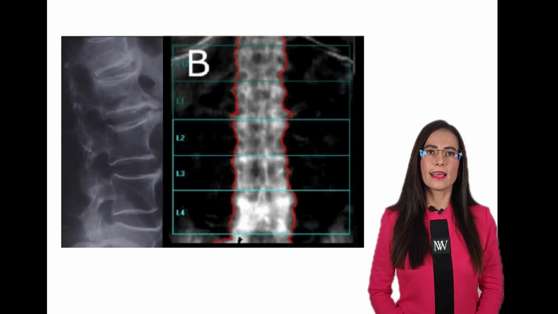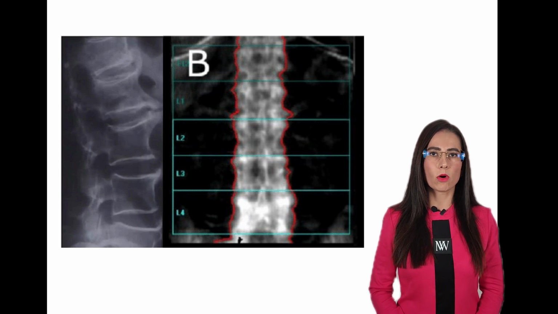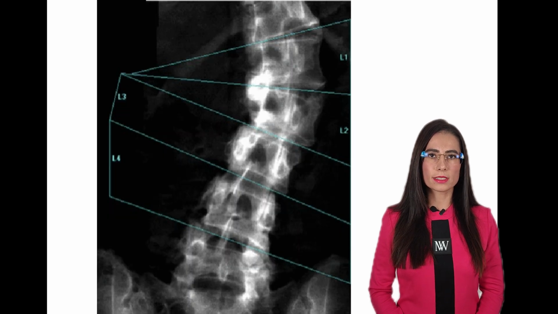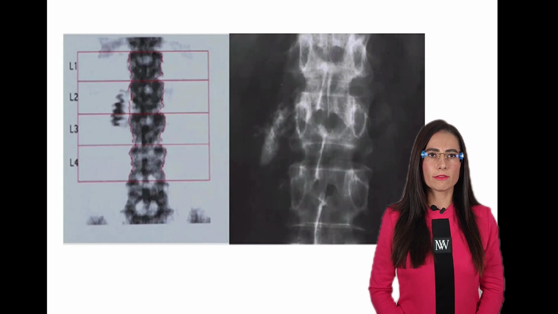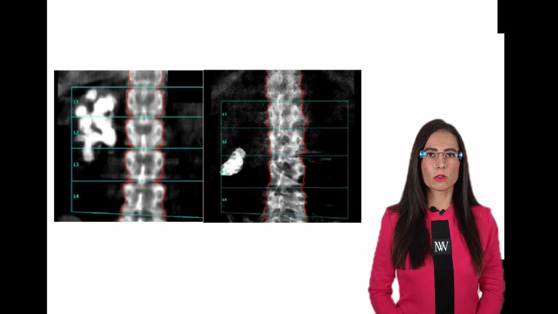Other conditions leading to falsely increased bone density are vertebral spurs or so-called osteophytes, scoliosis, calcification of the aorta, calcifying chronic pancreatitis, as well as gallstones and kidney stones.